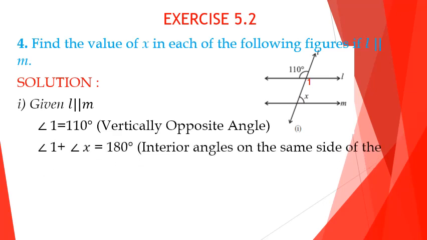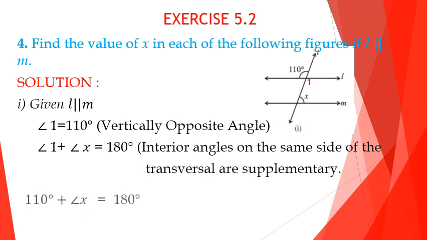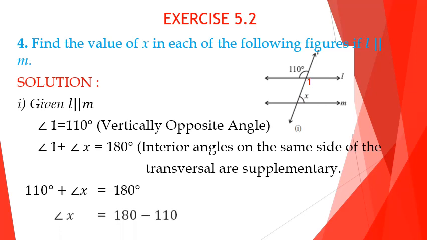Hence we can write angle 1 plus angle x equal to 180 degrees. Now substitute the value of angle 1. So we get 110 plus x equal to 180 degrees, or x equals 180 minus 110, that is equal to 70 degrees. Hence the measure of angle x is 70 degrees.